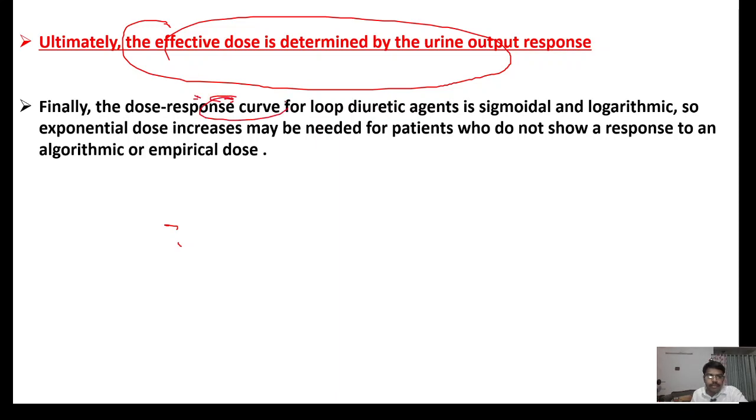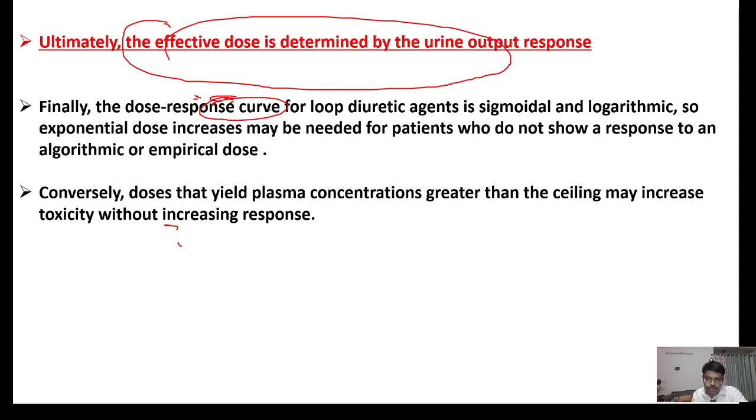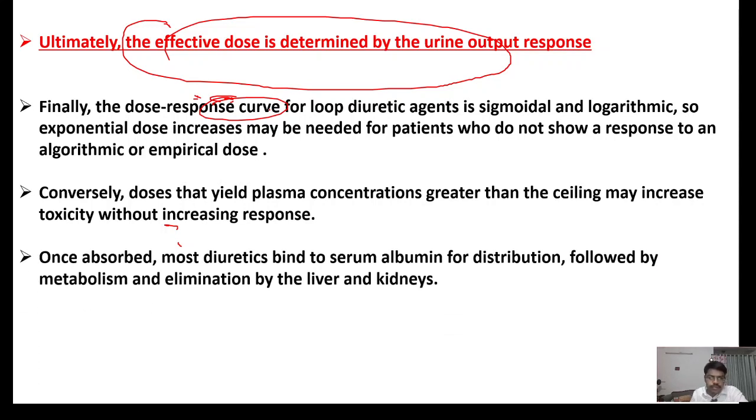Also, theoretically, the loop diuretic dose-response curve is sigmoidal and logarithmic, so an exponential dose increase may be needed for a patient who does not show a response. That is why you have to see the patient's response and urine output, then decide on increasing the dose. Once the ceiling dose is achieved, the patient might not respond either. So you have to take these two points into consideration.